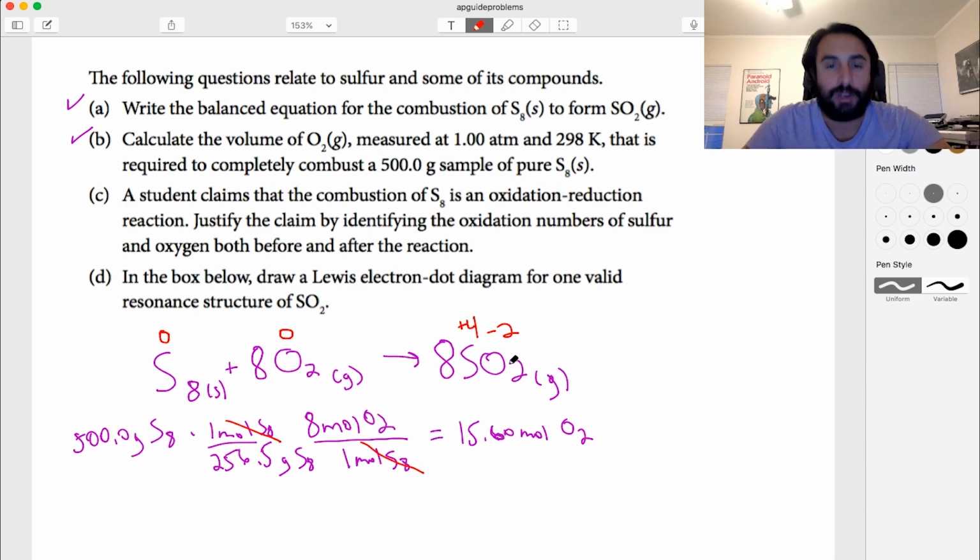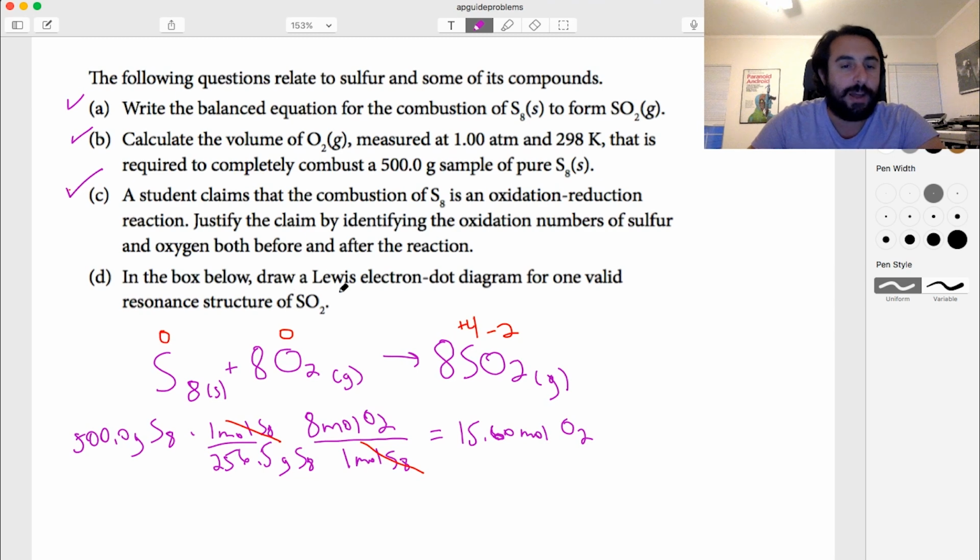So this is a redox reaction. All right, very clearly sulfur has been oxidized, which makes sense because it's reacting with oxygen. So oxygen is an oxidizing agent. So sulfur got oxidized, and then oxygen got reduced. So we do want to be able to get these oxidation numbers. So that looks good. We got C.